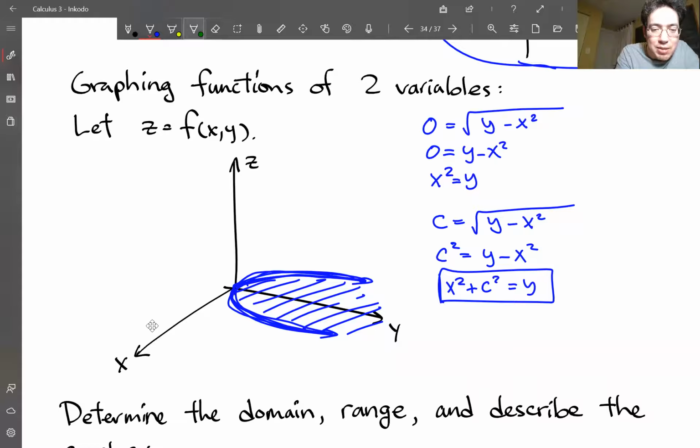So that's the height 0, 1, 2, 3, 4. If c is equal to 1, so that's at height 1 above the xy plane, then we're looking at y equals x squared plus 1. So it's the same parabola, but shifted 1 unit in the y direction.